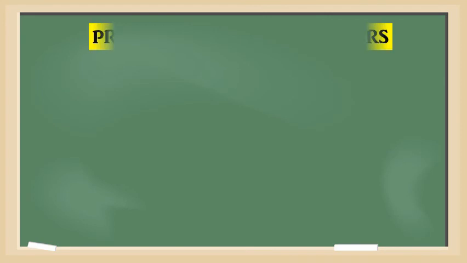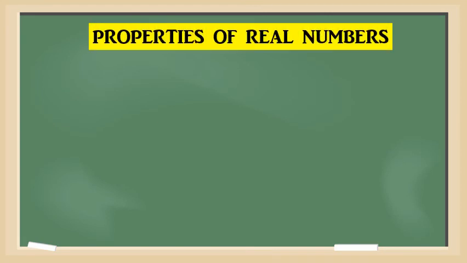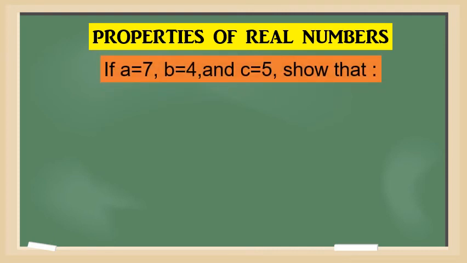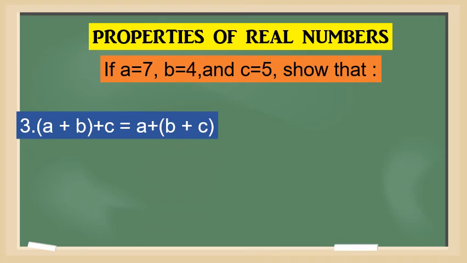Okay, let us continue in our activity, properties of real numbers. So, the same statement, if A is equal to 7, B is equal to 4, and C is equal to 5, show that, number 3 na ta class, quantity A plus B plus C equals A plus quantity B plus C. So what is our A again?